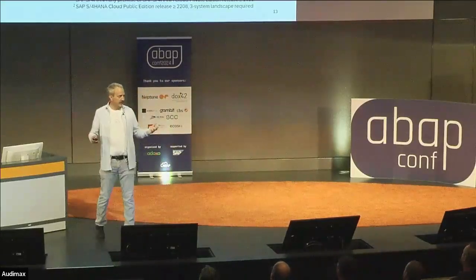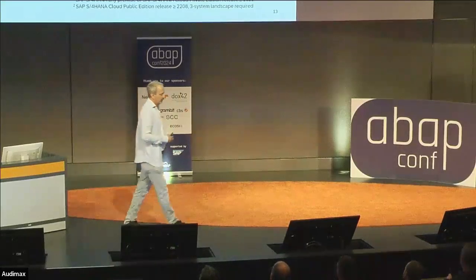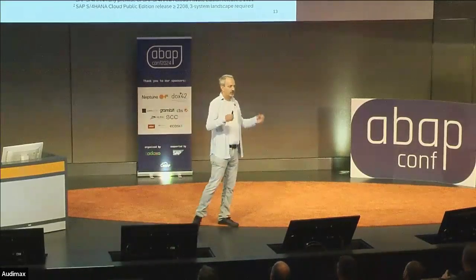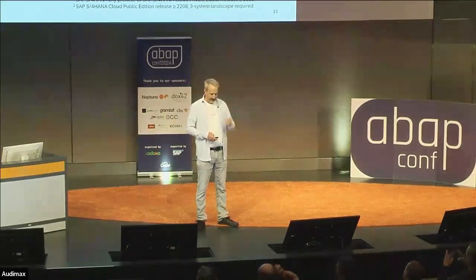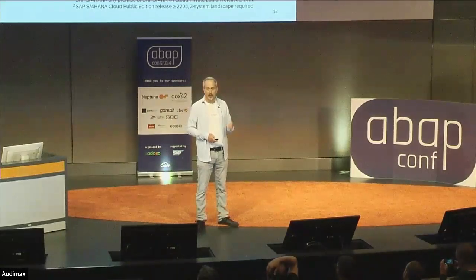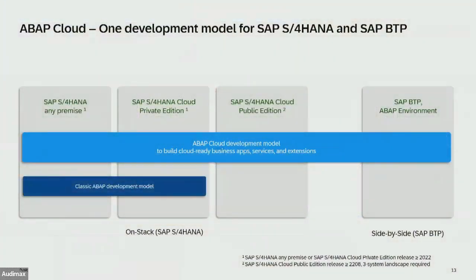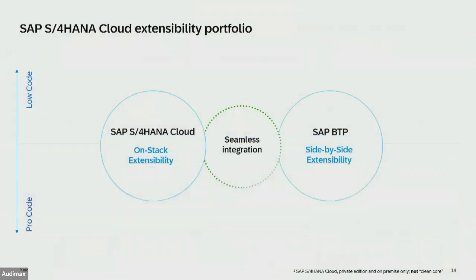I think that's clear. We need that because we have a lot of legacy code which is in the system and so on. But that's what you have to keep in mind. The trend is clearly going to ABAP Cloud. We need classic ABAP still for on-premise and private cloud, especially for the legacy code, but step by step, especially new extensions should go for ABAP Cloud.